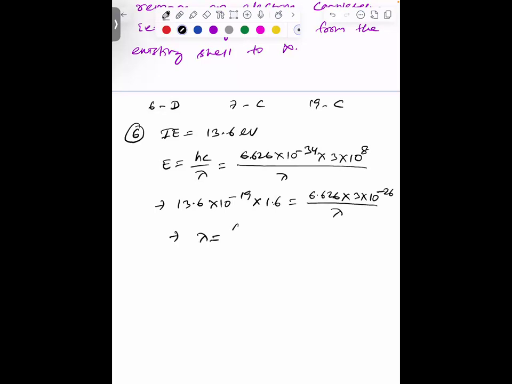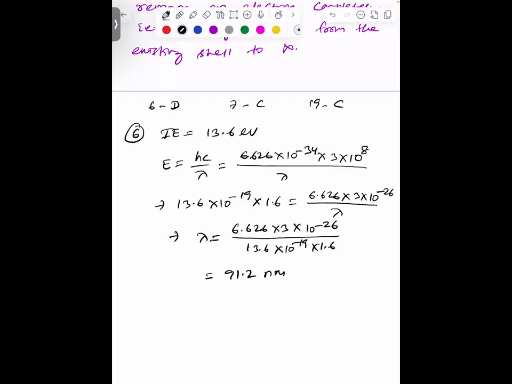Or lambda equals 6.626 into 3 into 10 to the minus 26 divided by 13.6 into 10 to the minus 19 into 1.6. Okay. So the answer that comes is 91.2 nanometer. Write down. Then next question.